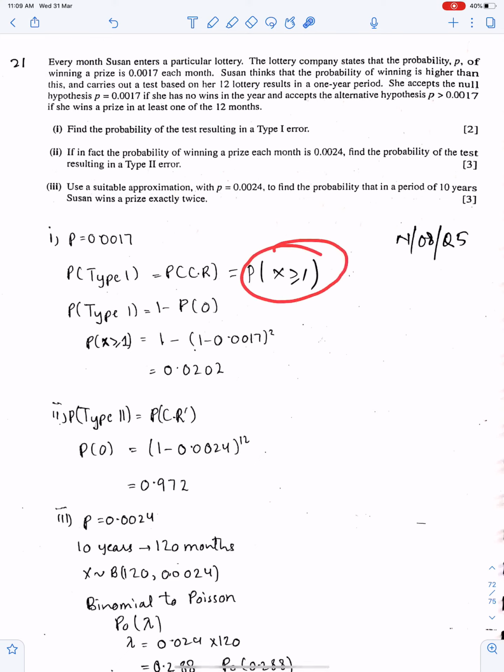So we just need to find this probability, which we can find using 1 minus P of 0. Type 2 means the accepted region. The accepted region is 0, probability of 0.